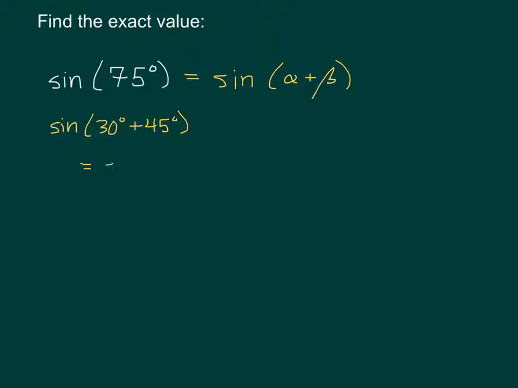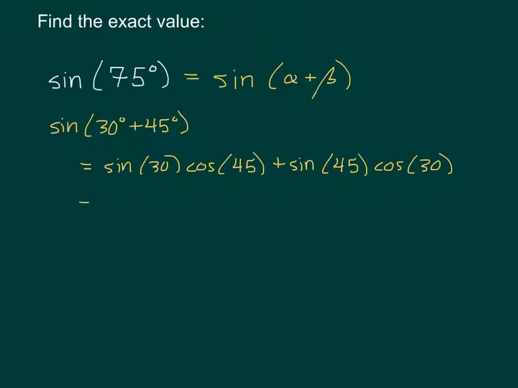Using our formulas, this is sine of 30 cosine of 45 plus sine of 45 cosine of 30. This is where we have to remember the unit circles. Sine of 30 is 1/2. Cosine of 45 is root 2 over 2. Sine of 45 is root 2 over 2.